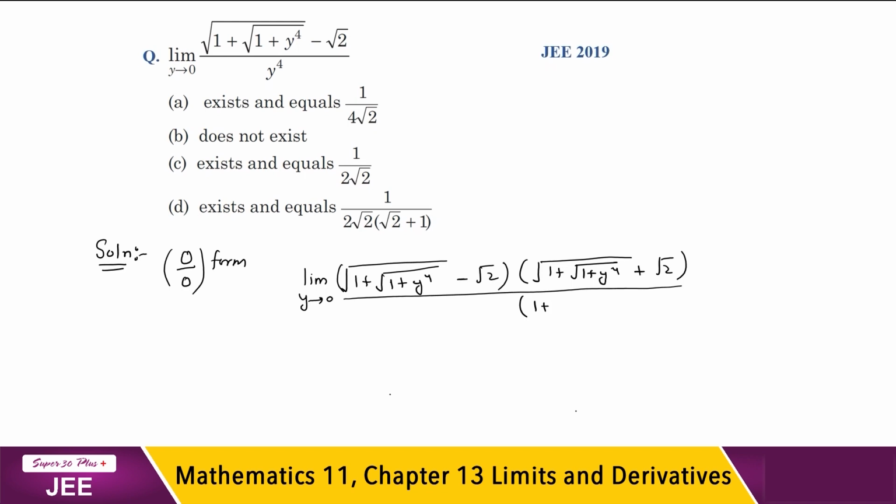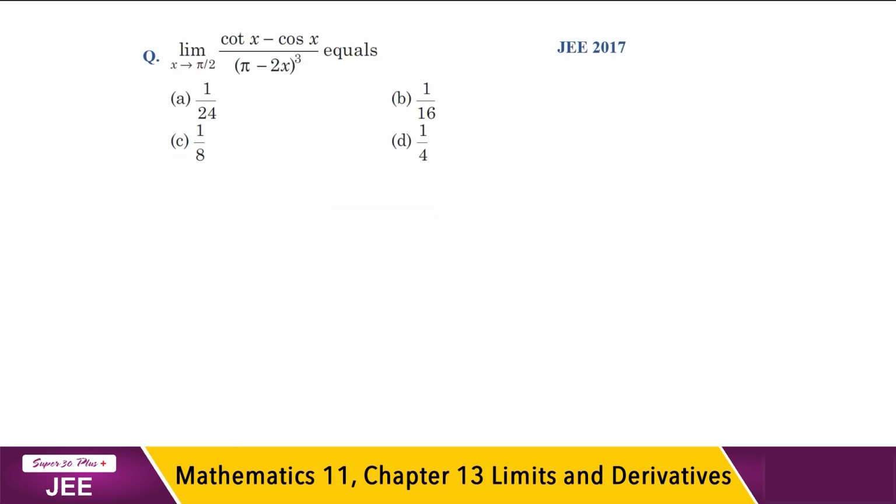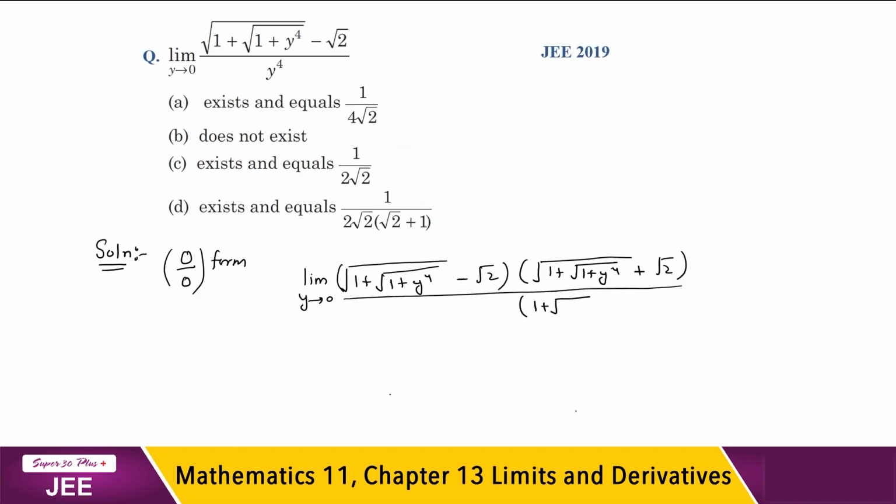So both of these terms will be present in numerator as well as in denominator, because we are performing the rationalization of numerator. Alright students, now again we are going to use the identity of a plus b and a minus b in these two terms, which is equal to a square minus b square.